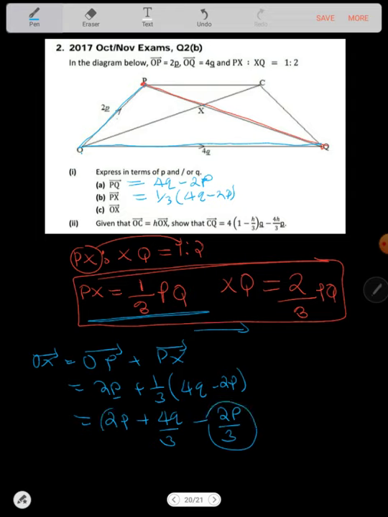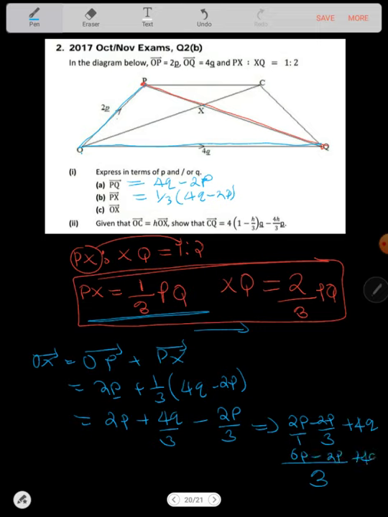Now these are like terms, so we collect them. We have 2P minus 2P over 3 plus 4Q over 3. Now we find the common denominator, 3. 1 into 3 is 3 times 2, 6P, minus 2P, plus 4Q. So the final answer is 4P over 3 plus 4Q over 3. So that's our final answer.